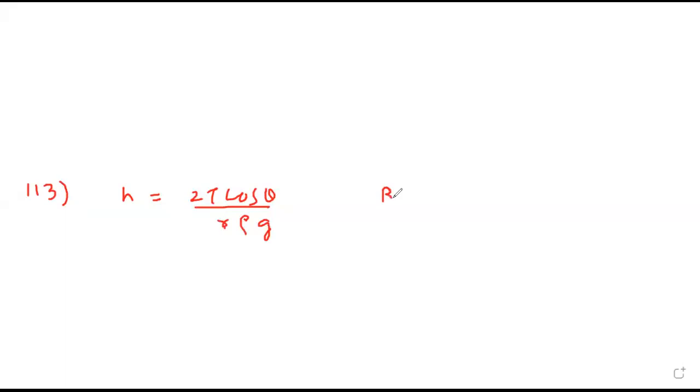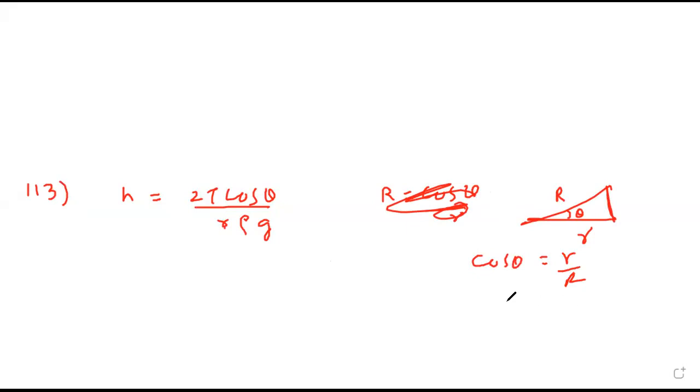So we know the radius of meniscus is related by cos theta. This is r, this is capital R, this is theta. So we can say cos theta is r by R.